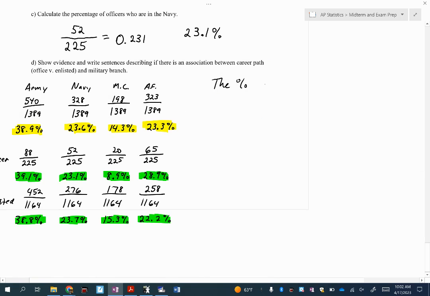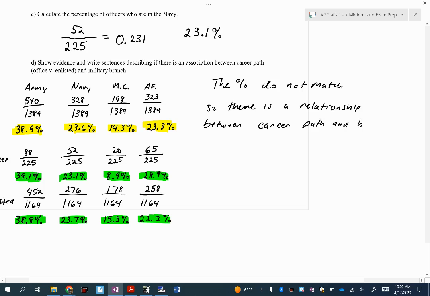The percentages do not match. So there is a relationship between career path and branch. All right, and then here's where I'm going to say what I think that relationship is.